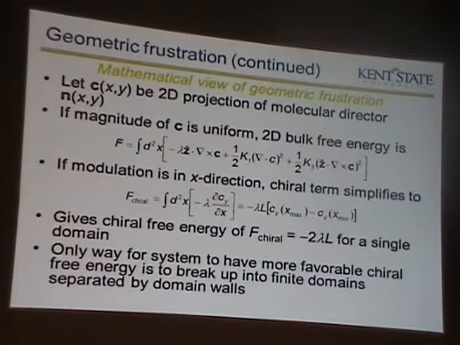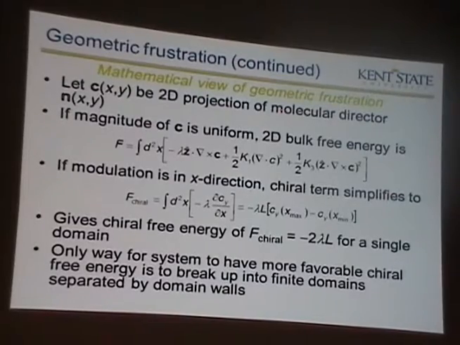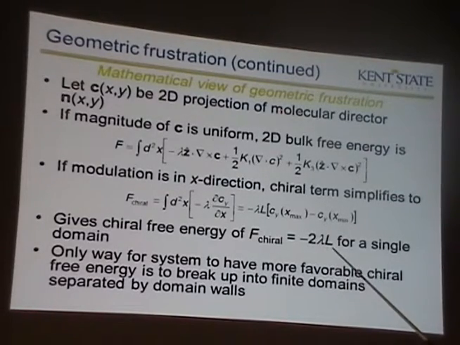But it can only increase from -1 to 1. That's as far as it can go. So how much of a negative chiral influence in the free energy can you get? Only this much for a single domain. But if you could break the system up into finite domains separated by domain walls, then you could get this nice favorable contribution to the free energy over and over again. So the domain walls would cost free energy, but maybe they wouldn't cost as much free energy as this provides a benefit.